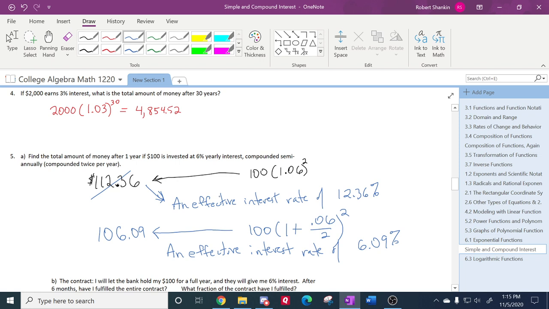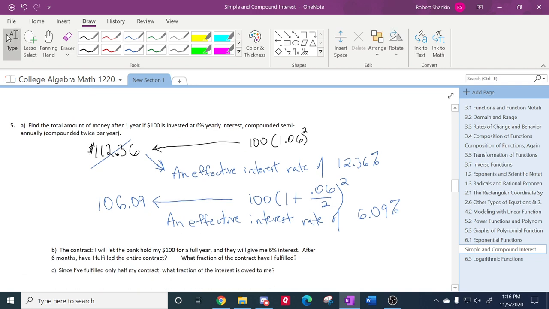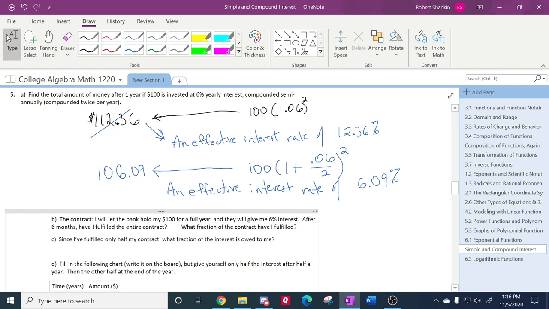They'll say, hey, we got a great deal, we'll give you 6%, compounded twice per year, and they're just giving you a little bit more than the 6%. They can handle that. All right, so let's go through part B, the contract.